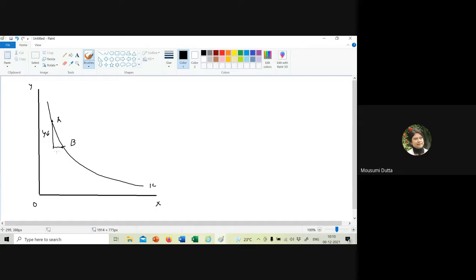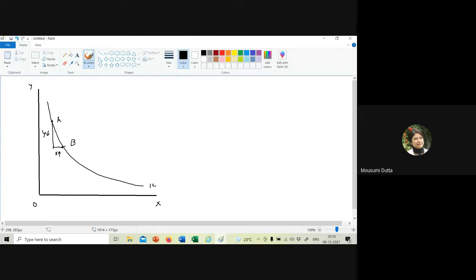To increase consumption of X, we need to sacrifice some amount of Y. Or along the curve, as we are moving from A to B, the consumption of X is increasing only at the cost of loss of some amount of Y. Okay, this is one point.